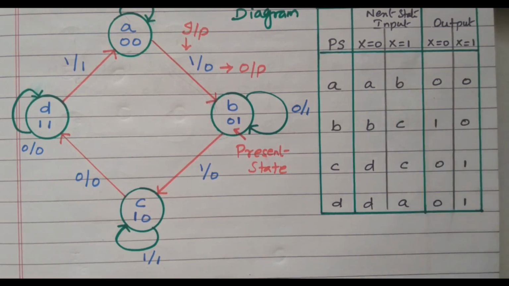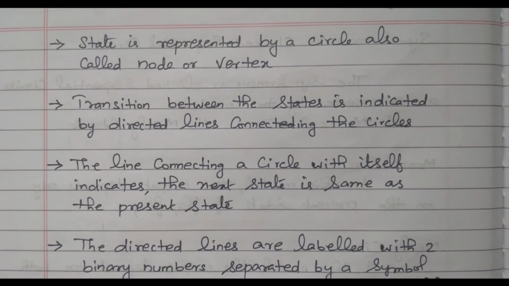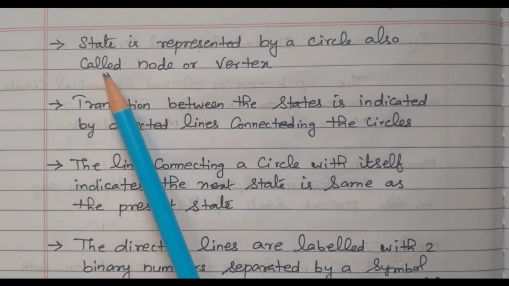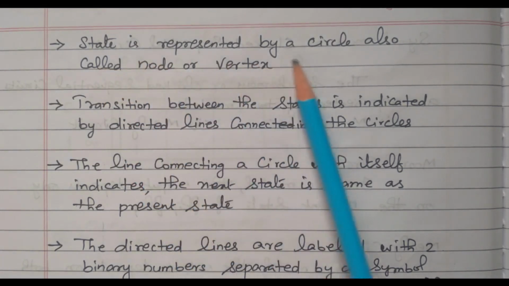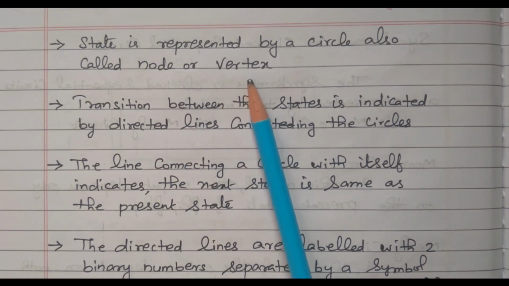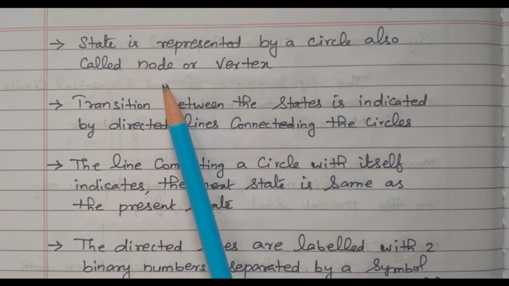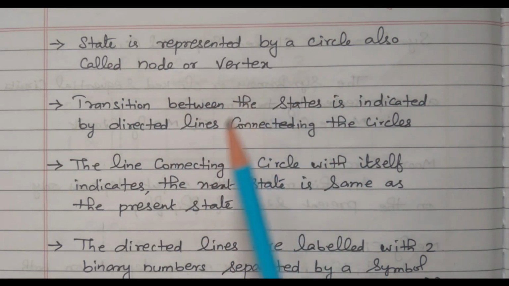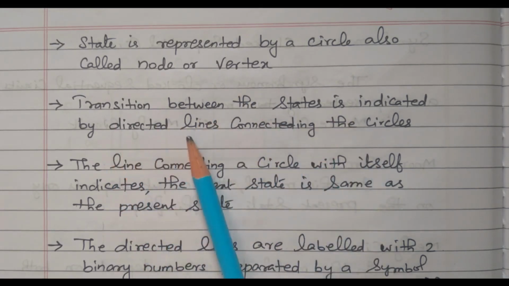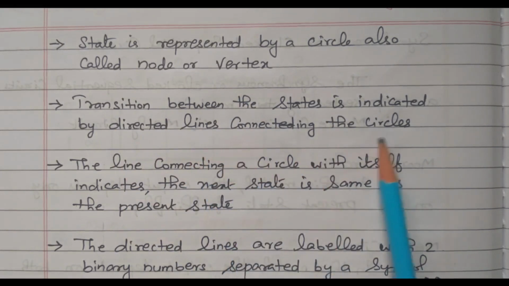Now, we will see the description. What we discussed in the state diagram and state table, that the description is given. State is represented by a circle, also called node or vertex. So, in a circle we represented A, B, C, D. That is nothing but state. Transition between states is indicated by the directed lines, A to B, B to C, like that, connecting the circles, right.